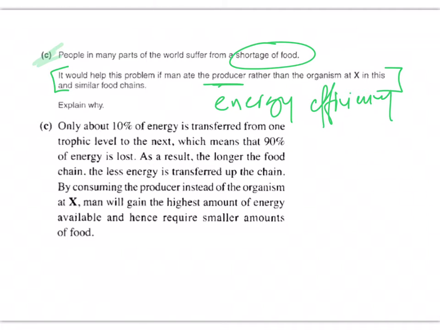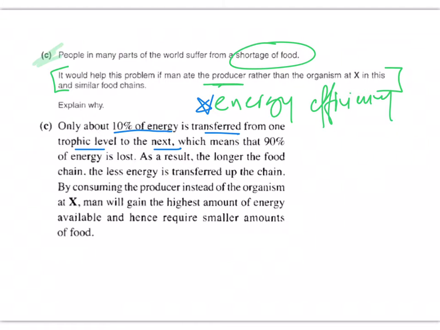So the first thing we can talk about is about how energy is lost. 10% of energy is transferred from one trophic level to the next. 90% is lost. You can then talk a little bit about why energy is lost, depending on the number of marks given in this question. But the main idea is to focus on how to have an energy efficient chain.